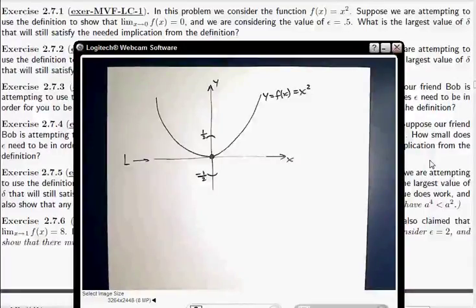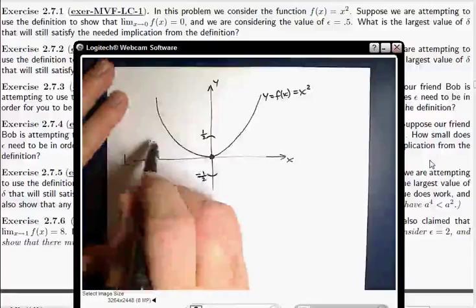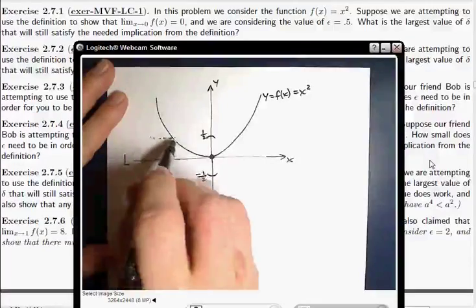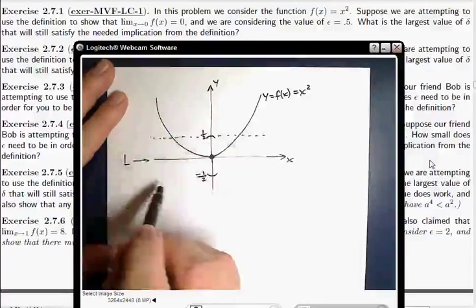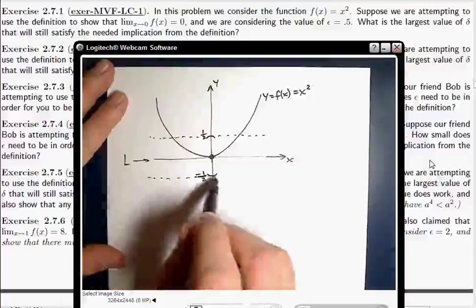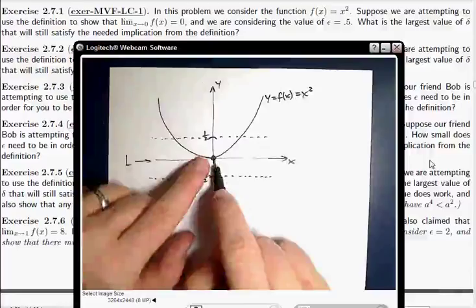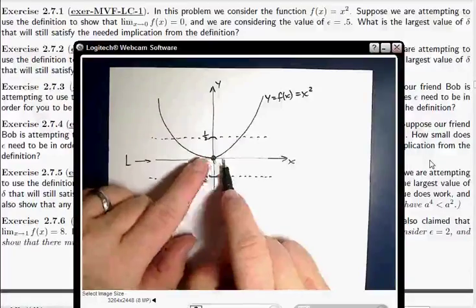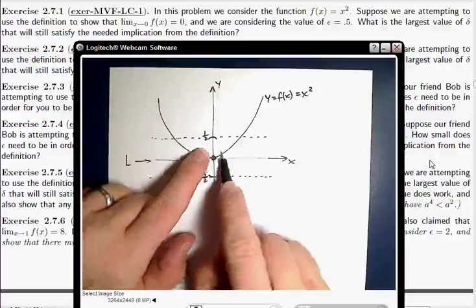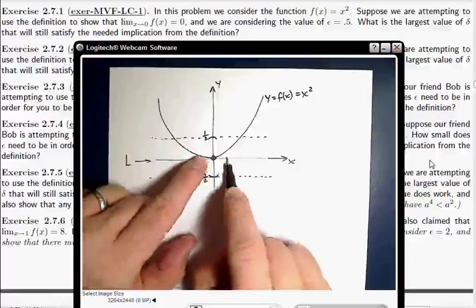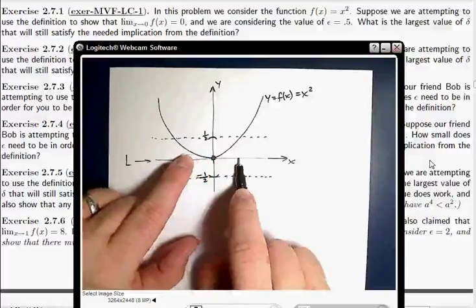So, okay, well, what I need to happen is I need to make sure that all the values of the function end up falling in this range. So now I could pick a little neighborhood about y so big, and sure enough, all those values of the function are in that range, but I could also make it a little bigger, and a little bigger.